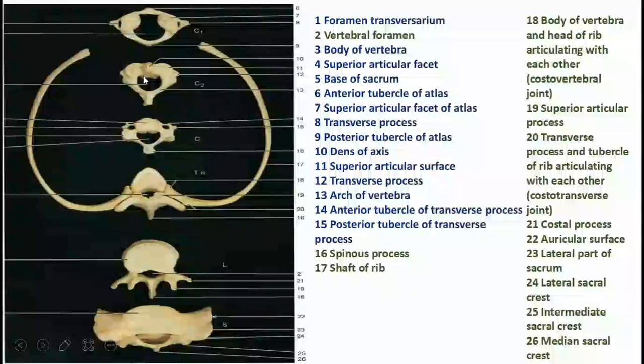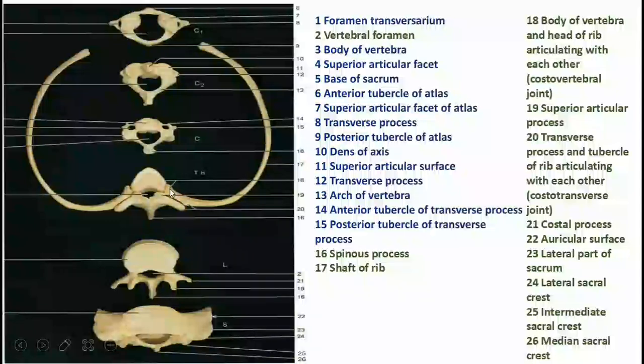The vertebral foramen are these points, and we have the vertebral body. And from this, our major concern, we have the thoracic vertebrae, with the spinous process from the back.